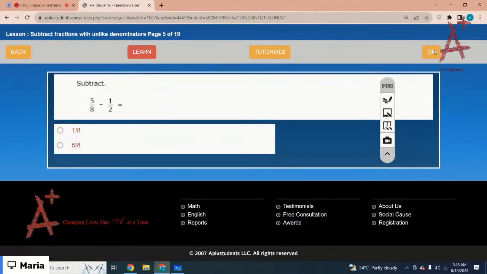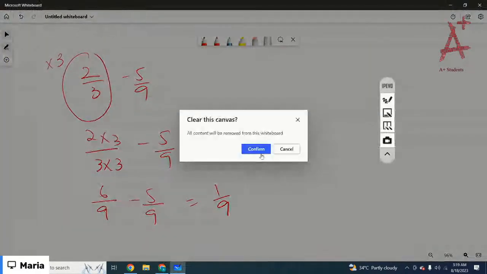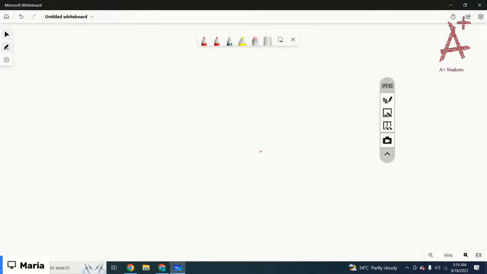The next one is 5 over 8 minus 1 over 2. So you have to make the smaller denominator equal to the greater one. So 2 times 4 is 8, right? So you have to multiply this fraction by 4.